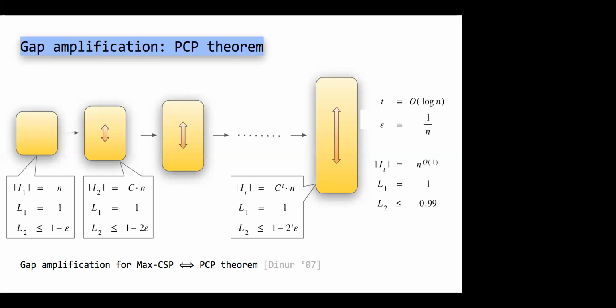And this actually is what has been proven for Max CSP. And this gives an alternative proof of the PCP theorem, which is like a bridge between P versus NP and hardness of gap problems.